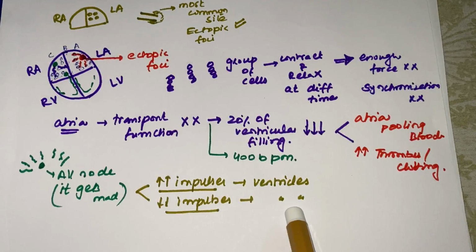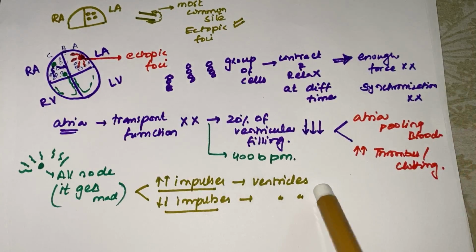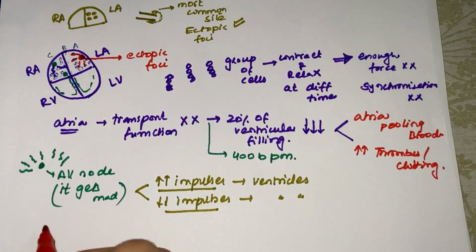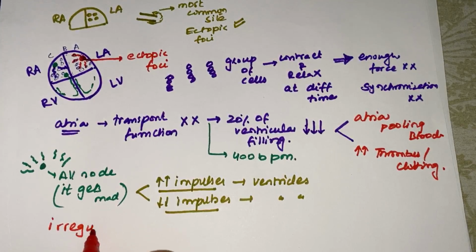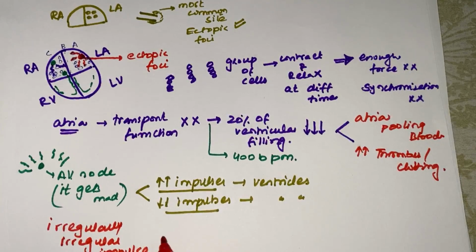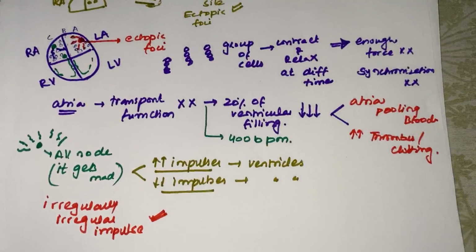So this thing occurs. Now because of this, the ventricles show irregular impulse. Now we will discuss what this irregular impulse is, what is its concept.